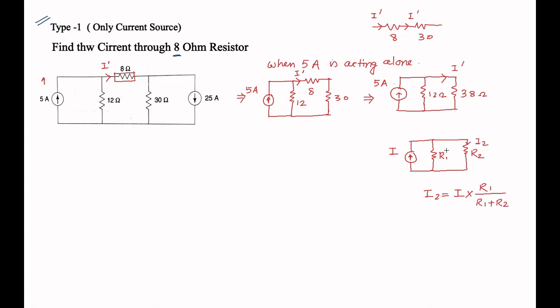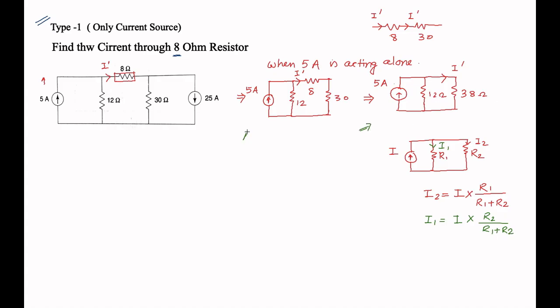Like this, to find the current through R1, that is I1, I1 is the total current I times R2, the resistance which is not in our question, divided by R1 plus R2. Now we have to apply this rule.